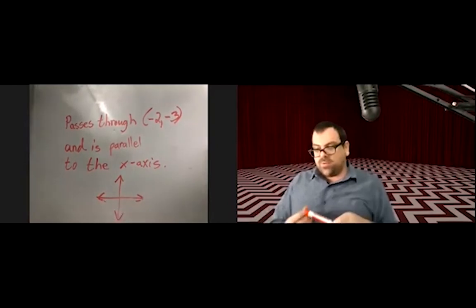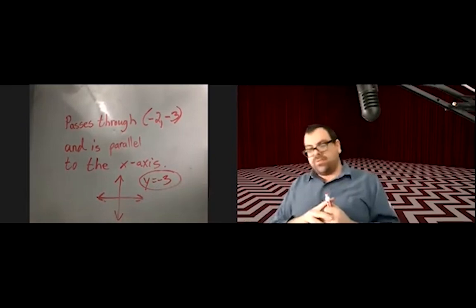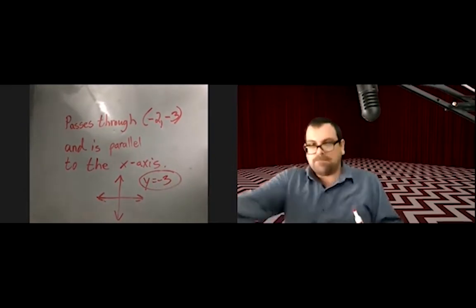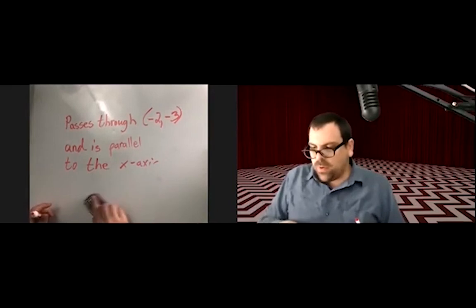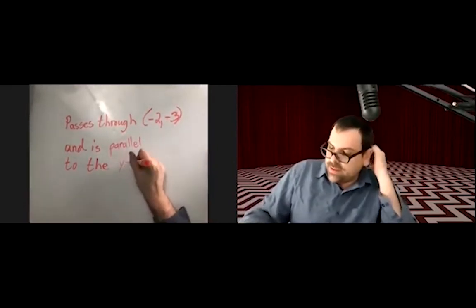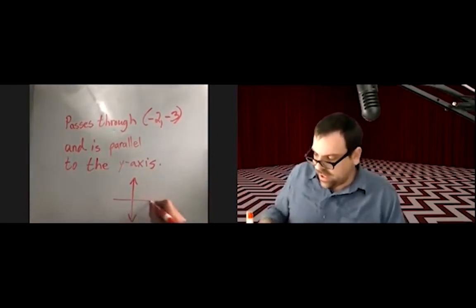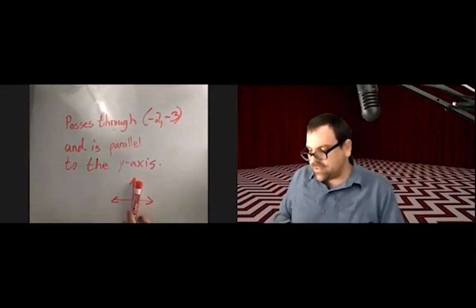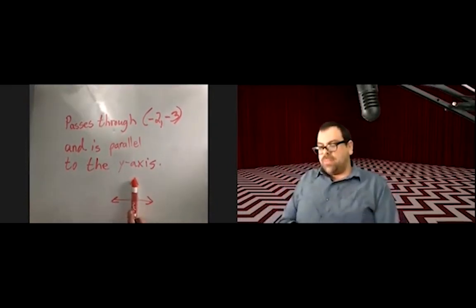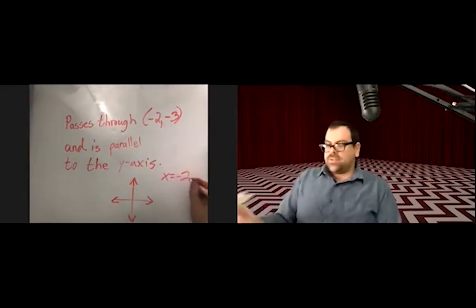Horizontal lines strike the y-axis. So this is also y equals -3. Maybe one more, parallel to the y-axis. Well, here's the y-axis. If I'm parallel to the y-axis, I am also a vertical line. Vertical lines strike the x-axis. So x is -2.